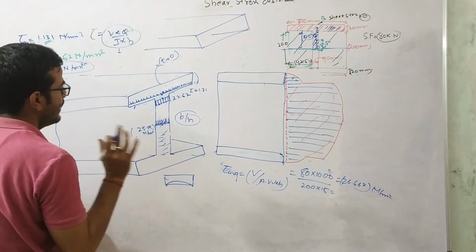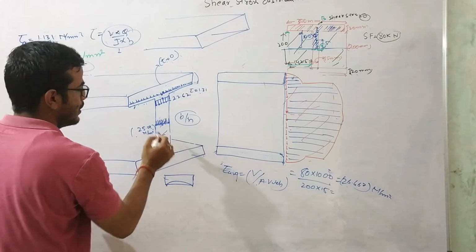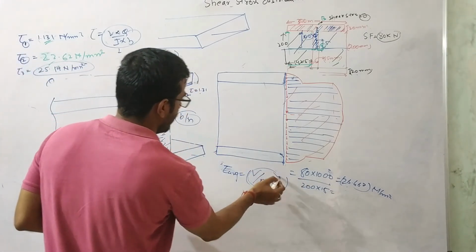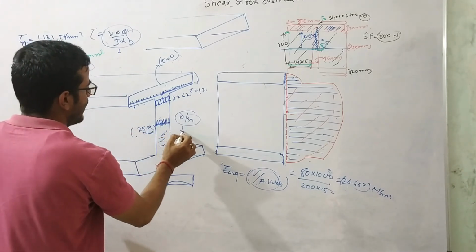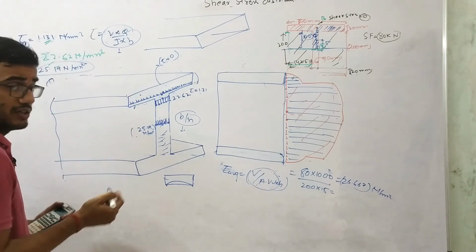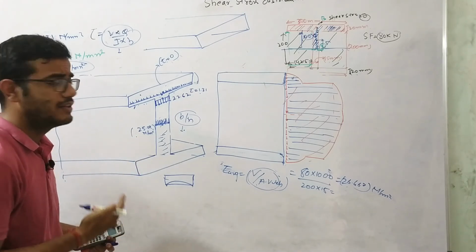In general problems we'll consider this only: tau average is V over area of web. At this portion there won't be much effect of b by h because the ratio is very small, but in the flange portion the b by h ratio is large. This we have already discussed in detail in the previous lectures.